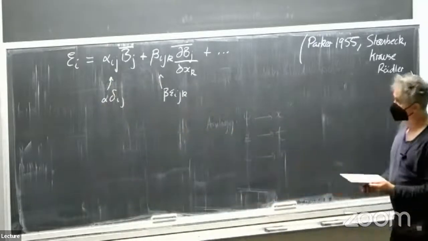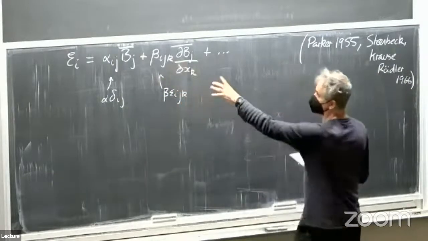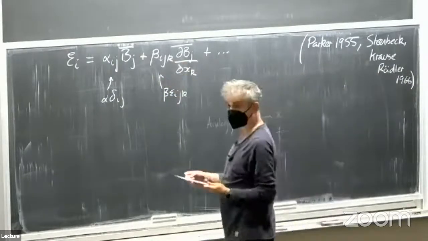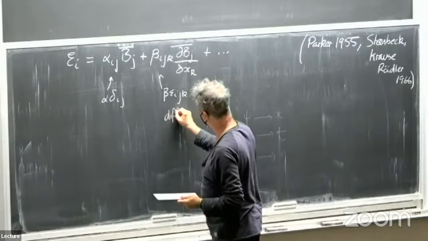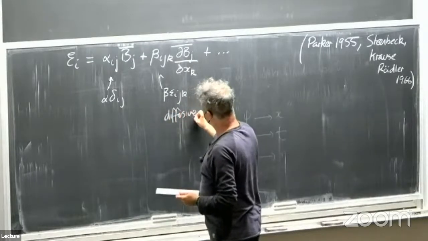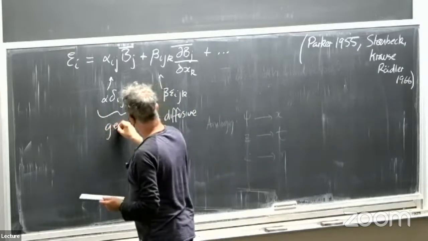If I did this, what this one would look like is the curl of a curl, which looks like a diffusion operator, as we saw the other day. So this is like a diffusive term. And this term looks like a generating term.